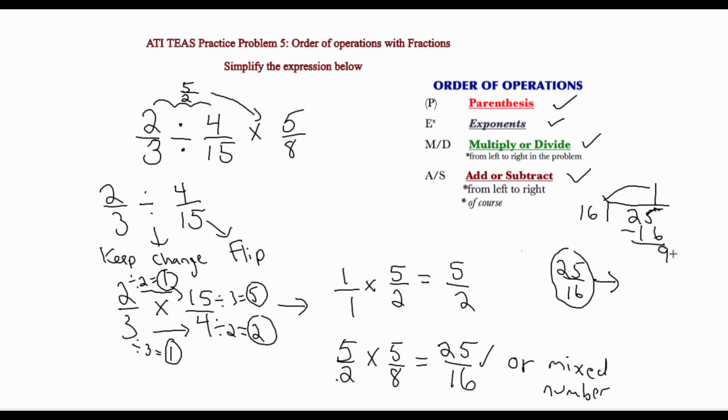That remainder is what helps you create your mixed number. That 9 will become the numerator, and your 16 remains the denominator. So basically, you've changed your improper fraction answer, 25/16, to 1 9/16. So again, our answer can either be 25/16 or 1 9/16.